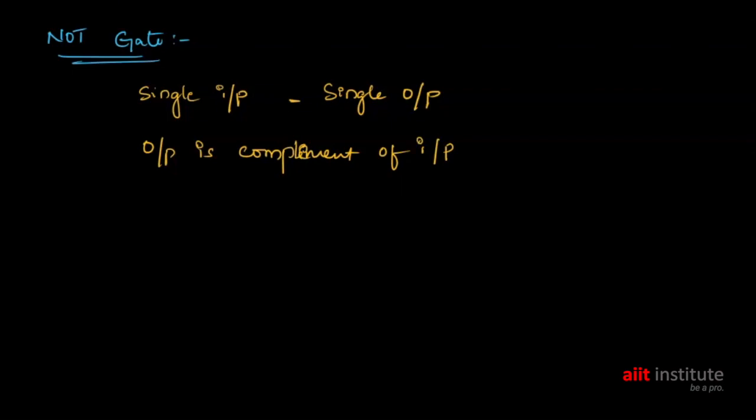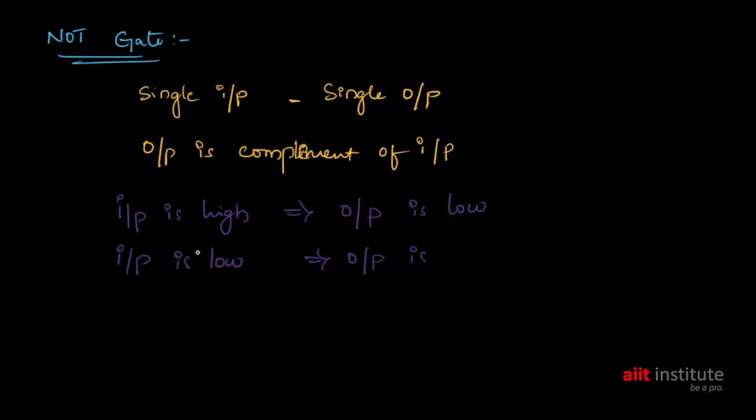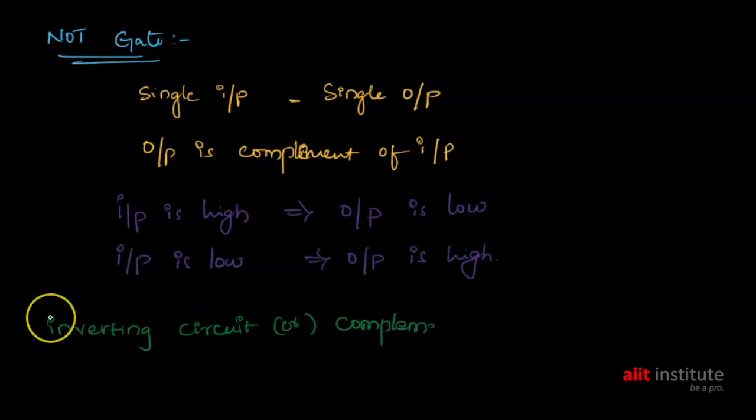That means if the input is high, then the output is low. If the input is low, then the output is high. This is also known as an inverting circuit because it inverts the value, or a complementing circuit because it complements its input.